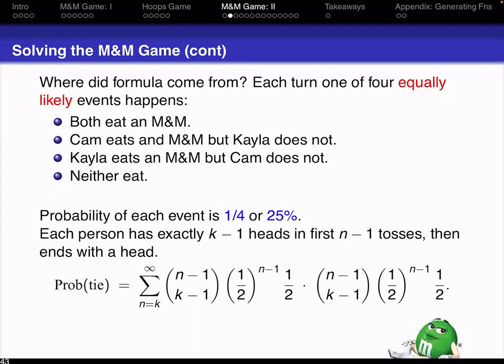Now, for them to have exactly 1 M&M left at that time, that means in the first n-1 tosses, Cam got k-1 heads, and similarly, Kayla got k-1 heads in her first n-1. And of course, since it's a fair coin, it's just the probability of 1/2 for each. So this is the way to derive this formula.